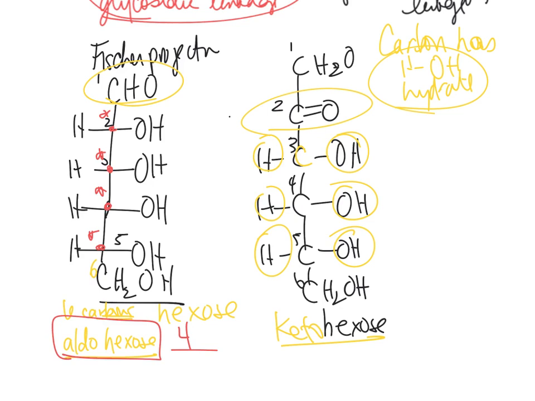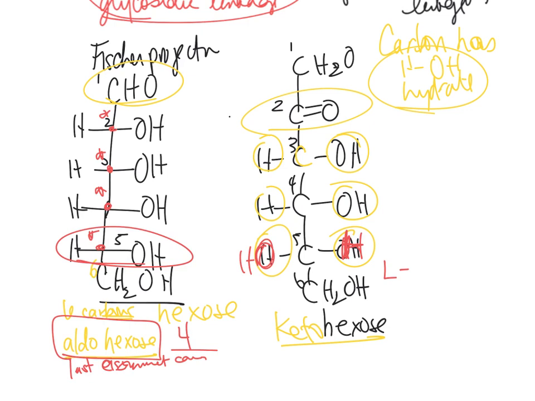Okay, now the configuration of the asymmetric carbon is this one here. It's always the last carbon, the last asymmetric carbon. And if it's on the left, so if the OH was here, and this was an H here, this would be an L, okay?